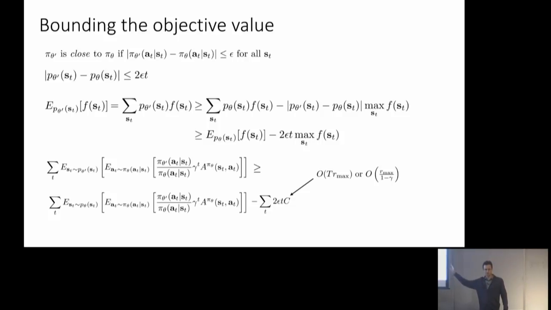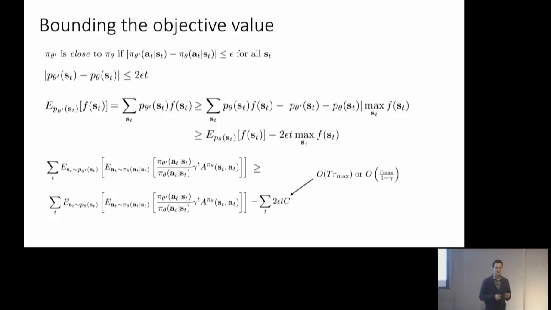Can you say again why C is related to capital T? Okay. So the question was, why does C relate to the horizon? Well, C is basically taking care of the function value, which is this thing, and it's saying, what's the largest value that this thing could take on? Now, this thing has an advantage inside of it. And the advantage is the expected sum of future rewards minus the current value. So maybe you got unlucky.